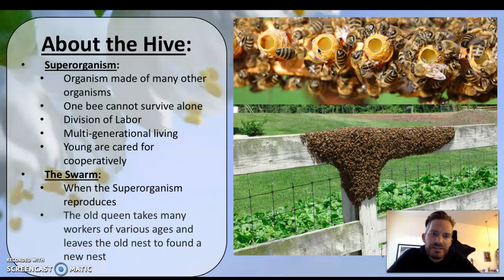They're special cells that are vertical in the comb and a little bit larger, and they might make 5 or 6 or 7 of these new queens by giving the developing larvae royal jelly and not tapering them off it. They'll just keep bringing them royal jelly.